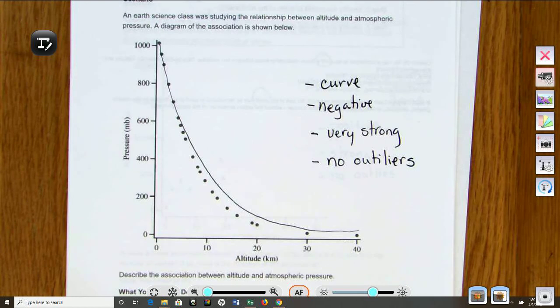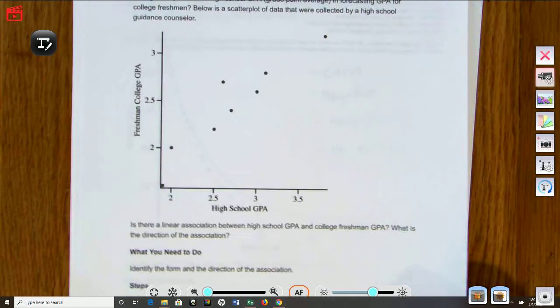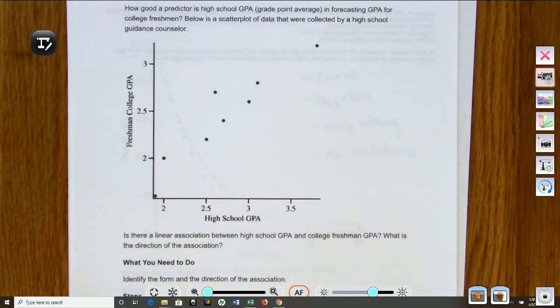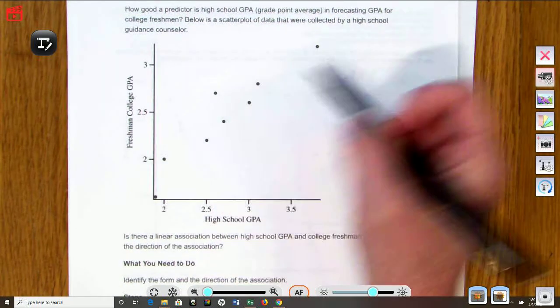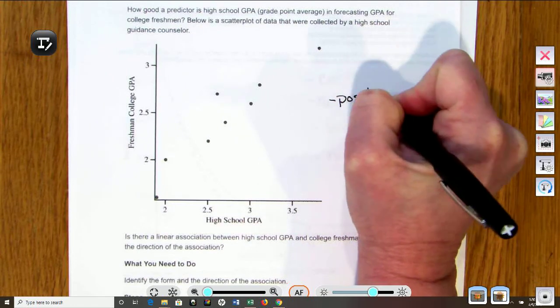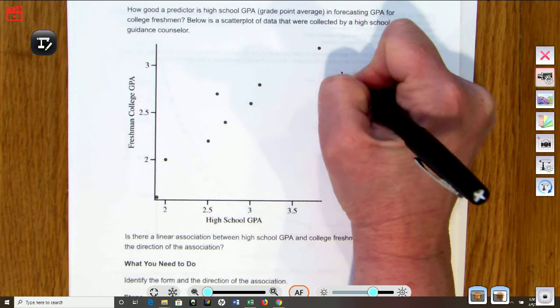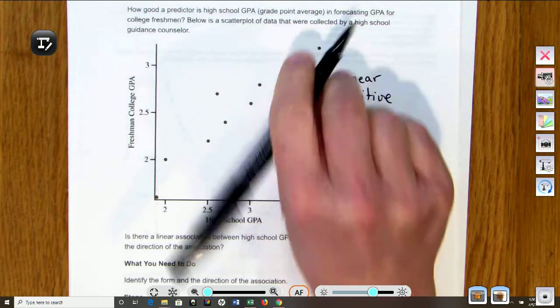Okay, let's see. I have two more. So this one here, and then we have one more. Again, I see a positive trend because it is going up. Somewhat linear, because I could kind of put that line in there.